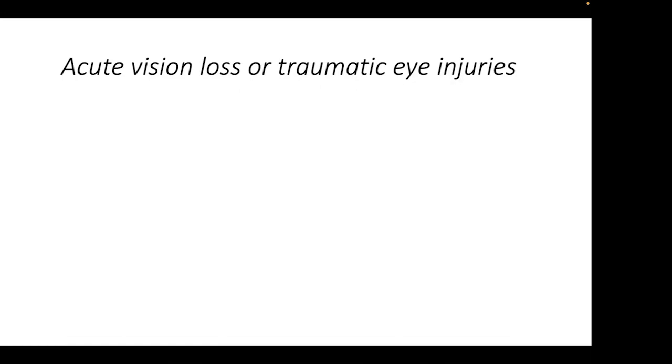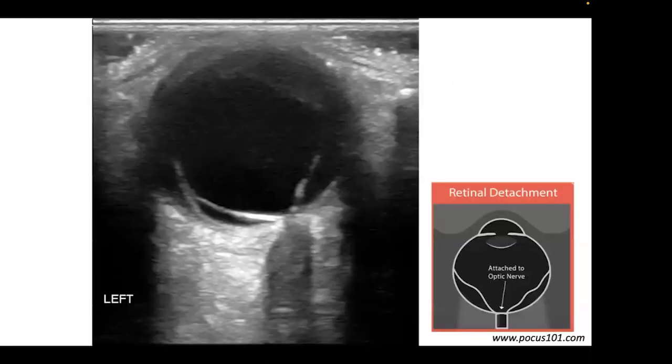Some of the other common things that ultrasound can be used for, as I said before, are acute vision loss or traumatic eye injuries. I wanted to go through some examples of these. Retinal detachment can be common in both trauma and acute vision loss, more acute vision loss in adult patients, but certainly trauma in pediatrics.